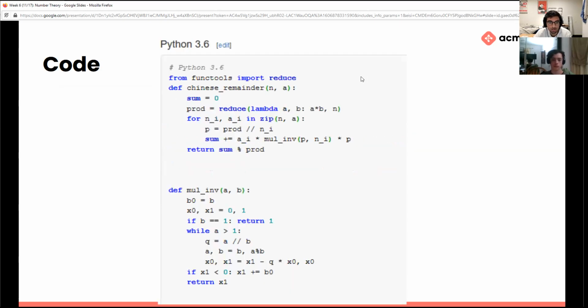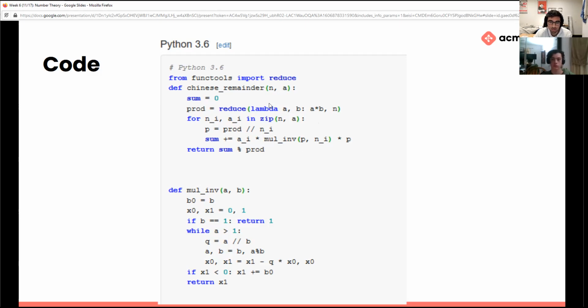And this is the Chinese remainder theorem. So this is done not just with two numbers, but this one takes in a list of n and a list of a.